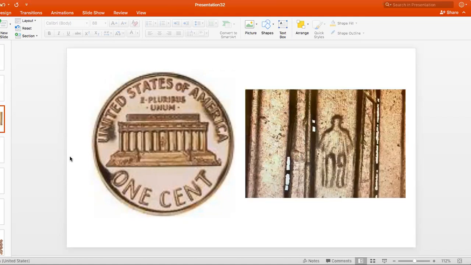And here's a more zoomed up picture. It's so tiny that it's just a little imprint to represent Abraham Lincoln right there. I actually never knew this until a little while ago.